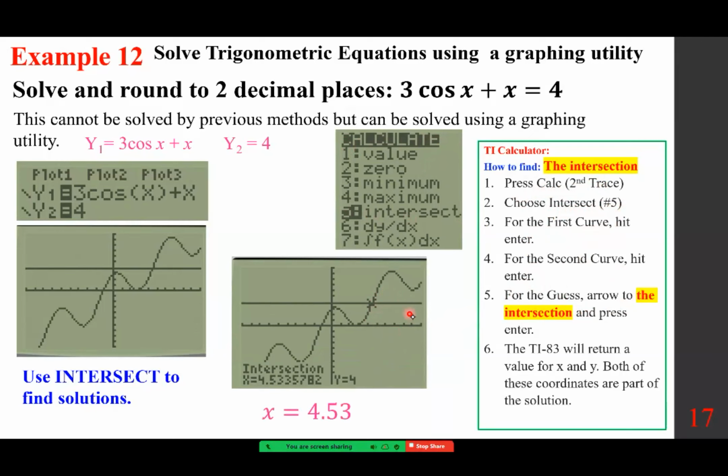And it reads the answer. Take a look at the number here. It gives you the answer, but we want two decimals. This one next to it is 3 and it doesn't change. 4.53 is the answer. So very straightforward, everybody.